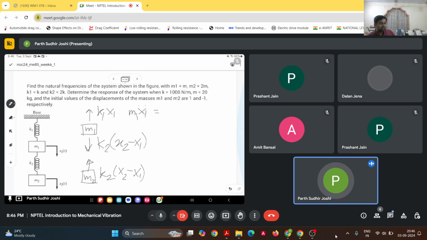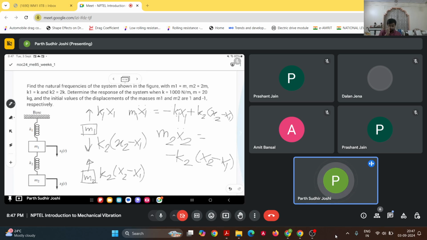Since we are assuming the downward direction is positive, we will write it as minus k1 x1 plus k2 into (x2 minus x1), and similarly for m2, x2 double dot will be equal to minus k2 (x2 minus x1) because it is acting in the upward direction.